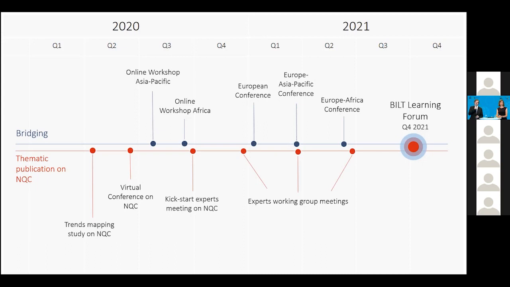That will be another opportunity for some of you to interact with BILT, provide input into this process, and give feedback on the development itself. After that, the end result would be the publication of these 3 thematic guides, which we hope will be practically oriented for TVET stakeholders, and these will be presented at the BILT Learning Forum in December 2021.